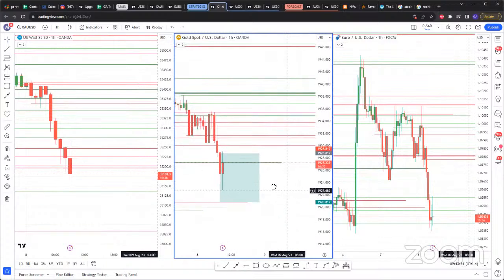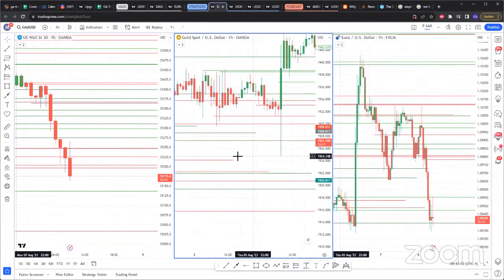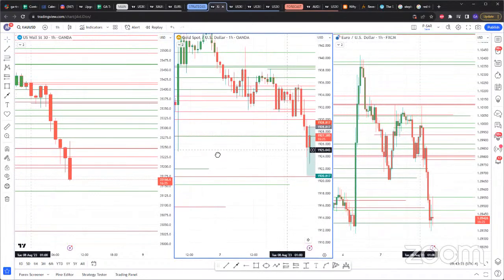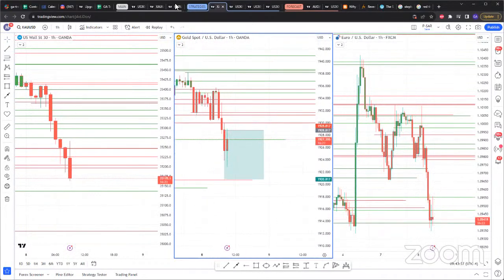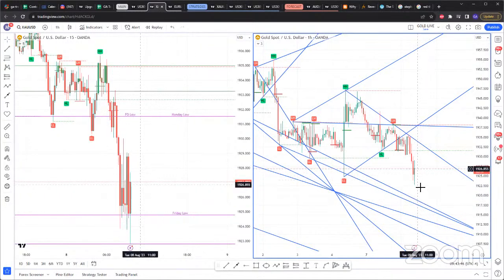On the hourly time frame, we don't have any double SARs. We only have this zone right here, which is a green zone, so this is a buy zone. But looking at bias, what's my bias on gold? I expect gold to come to around the 1917, 1918 area. And you can see we're in no man's land right now.